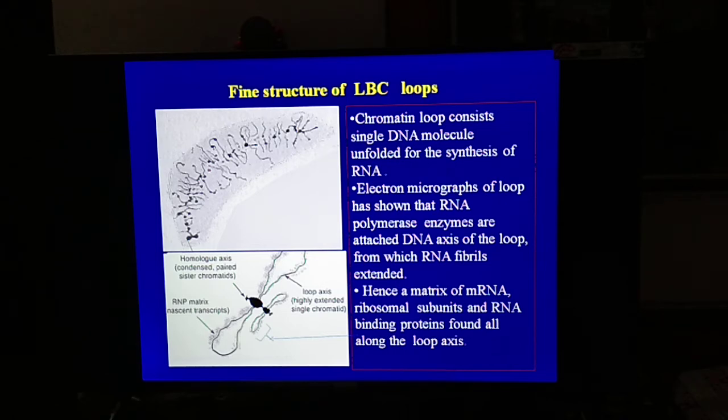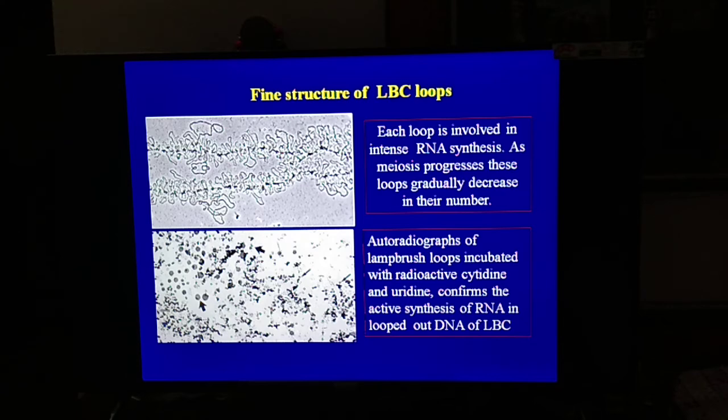Each loop of Lampbrush chromosome is involved in intense RNA synthesis. As meiosis progresses, these loops gradually decrease in their number.